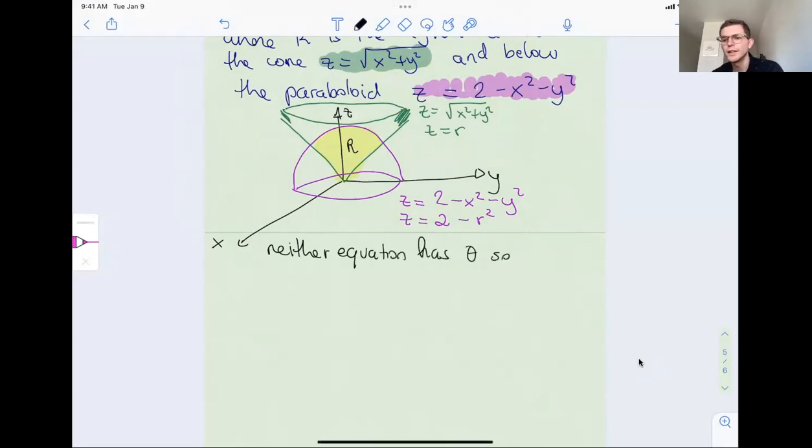Since neither has theta, you can think of this as a solid of revolution with respect to the z-axis. So you can draw a cross section essentially, and that's what I'm about to draw.